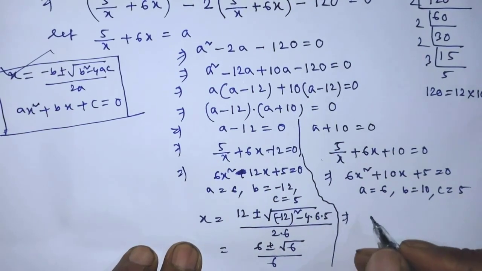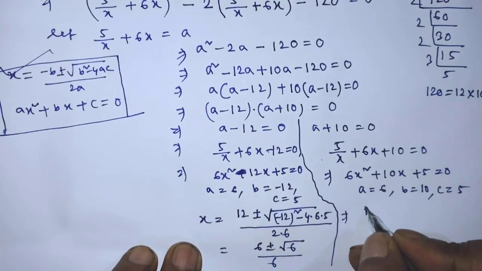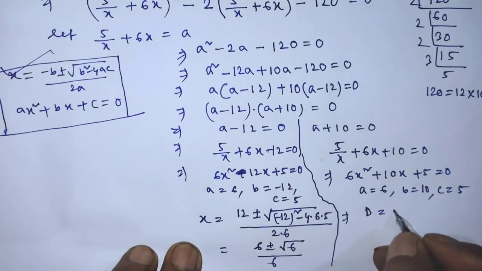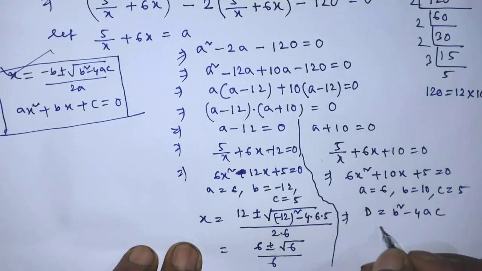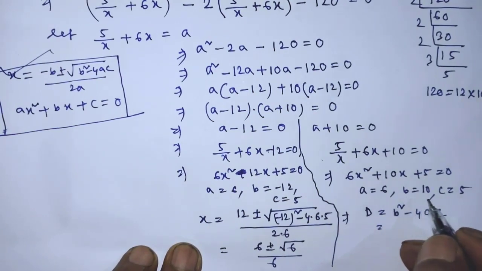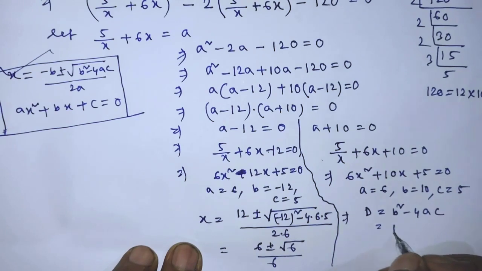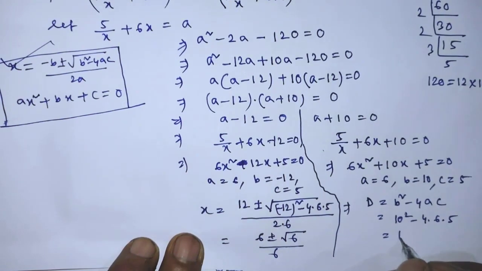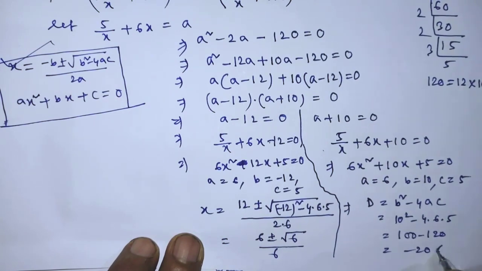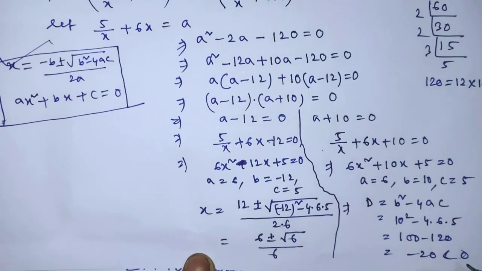According to Sridharacharya formula, we can write in here d is equal to b square minus 4ac. So if you put the value of a, b and c on the right hand side of this equation, then you get 10 square minus 4 times 6 times 5. So it will be 100 minus 120, that is minus 20, which is less than 0.